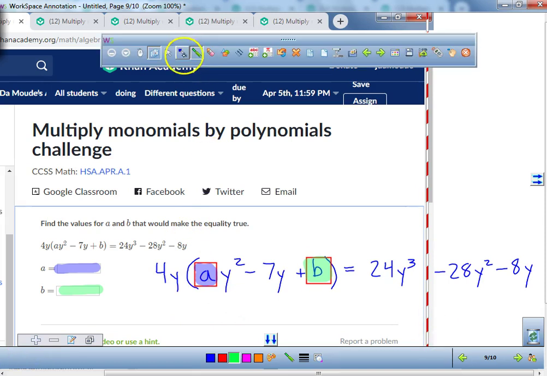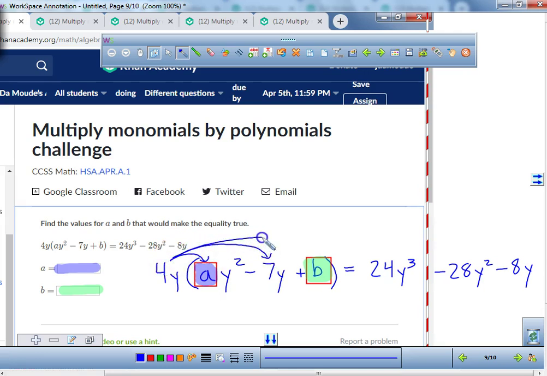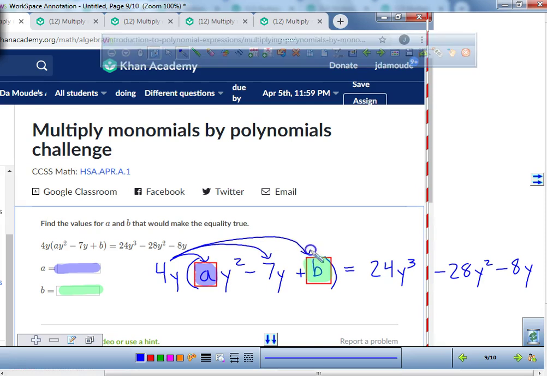Now, if I were to distribute this 4 to each of these numbers, think about this. 4 times what number would get me to a 24? 4 times what gets me to a 24? 6. 4 times 6.